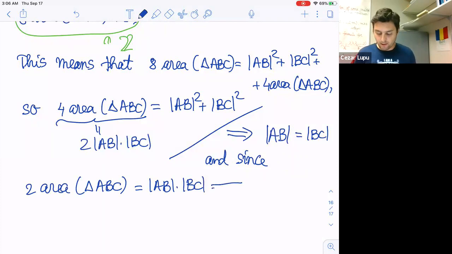This will imply that the angle B is 90 degrees. And that's exactly what we wanted to prove.